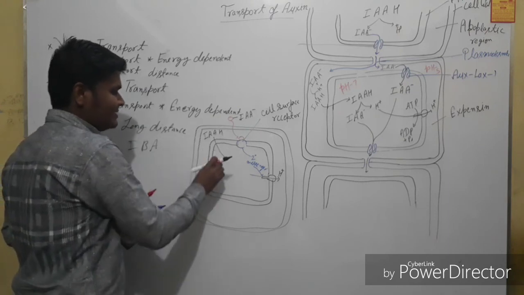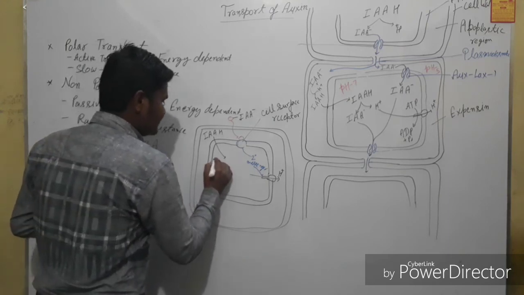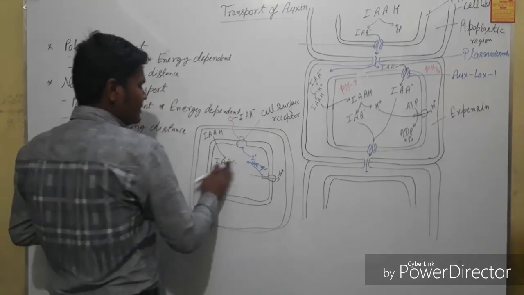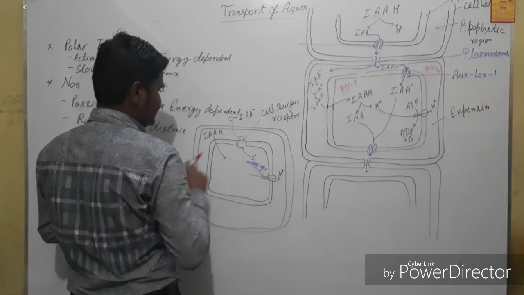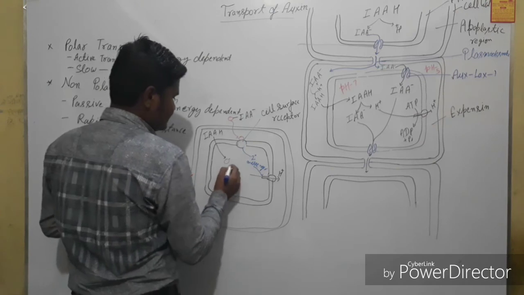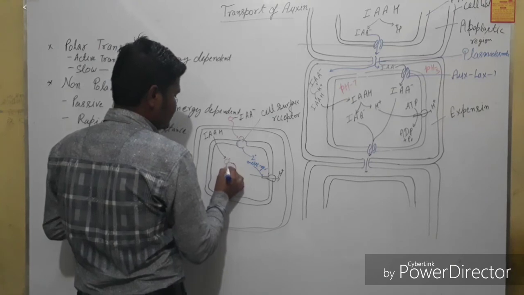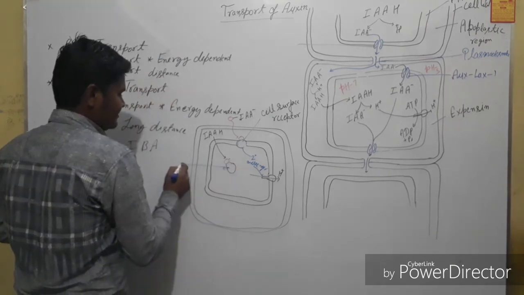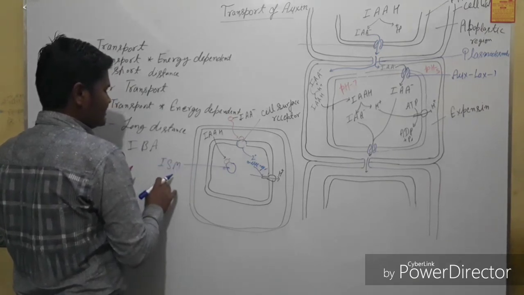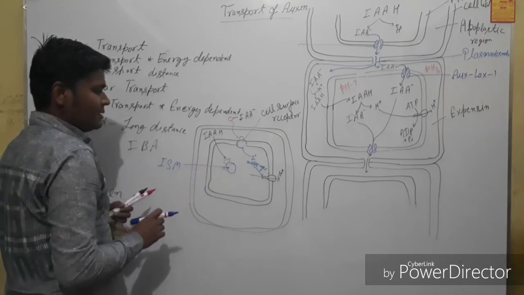That is why it crosses the plasma membrane of the cell and comes here, and it binds with ISM. ISM means intracellular signal molecule. It binds with the intracellular signal molecule.